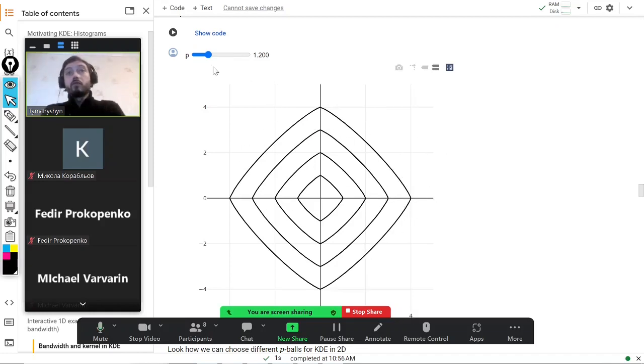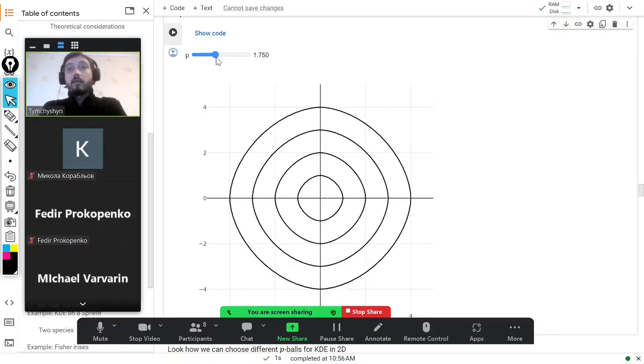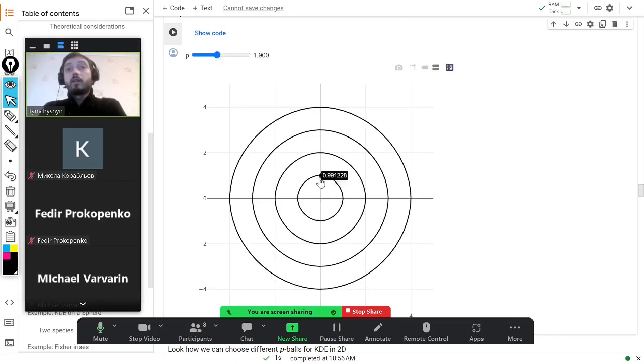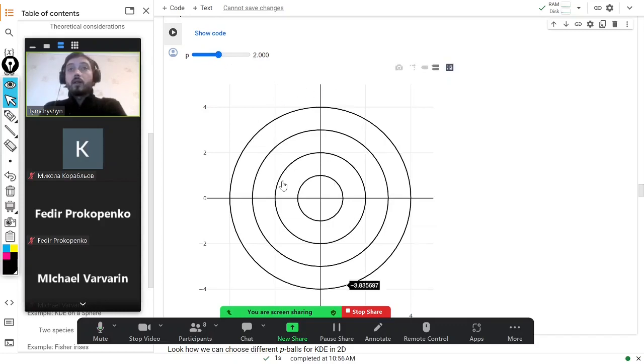Here is a picture that shows how balls of different radii, like 1, 2, 3, and 4, look in a metric space with the P metric. And here is, of course, the well-known case of Euclidean distance. We see a very familiar picture of balls of different radii.